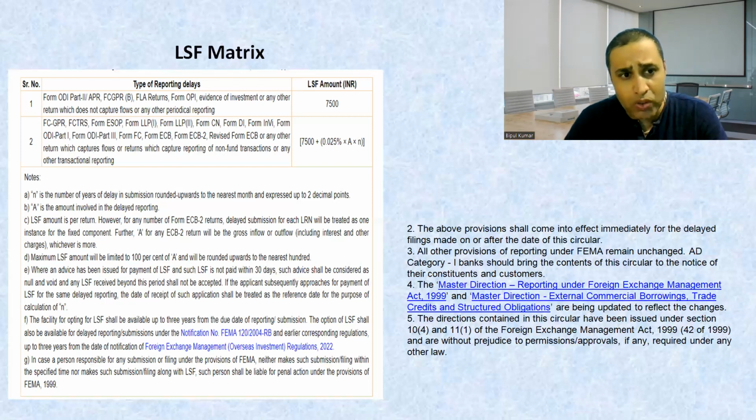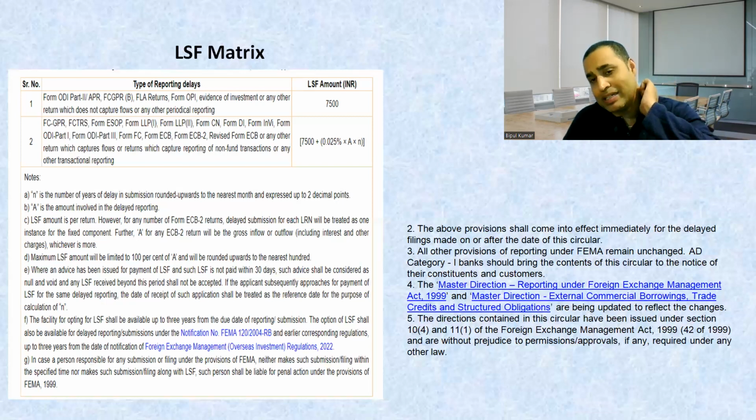You see in the notes, N is the number of years of delay in submission rounded upward to the nearest month and expressed up to 2 decimal points, and A is the amount involved in the delayed reporting. The LSF is per return. This is not for the whole period.